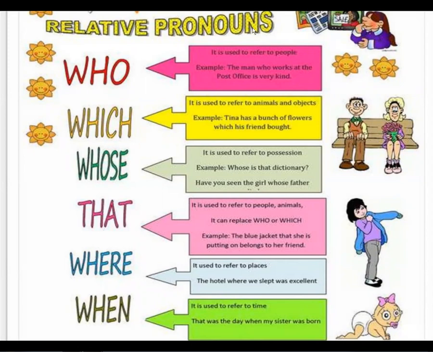Can you write some examples of relative pronouns in the chat box? I have 5 more minutes left, so I have to move forward. Can you write some examples in the chat box, beta?